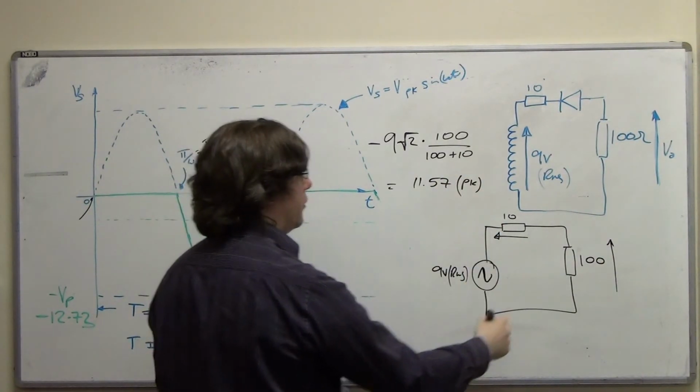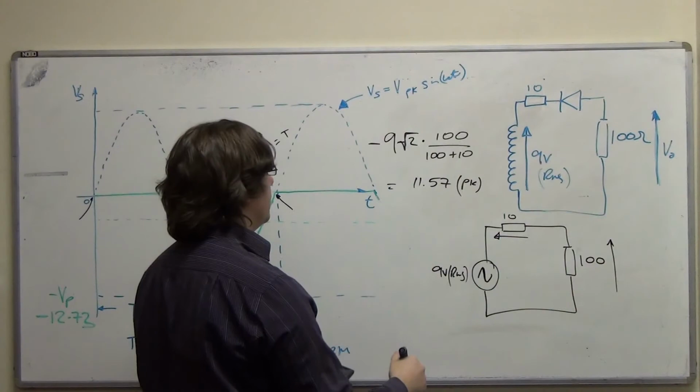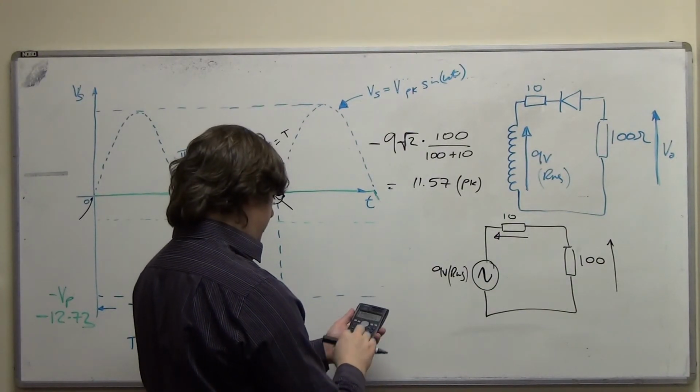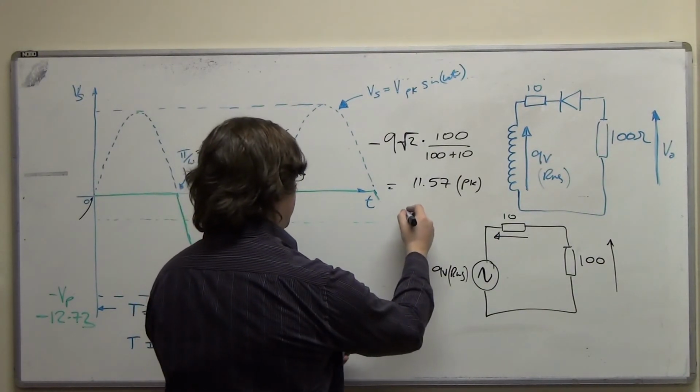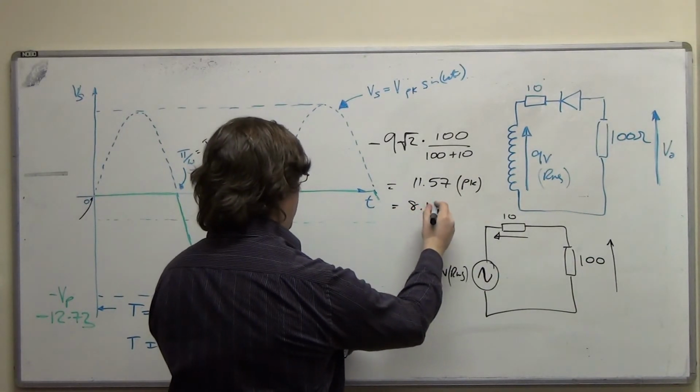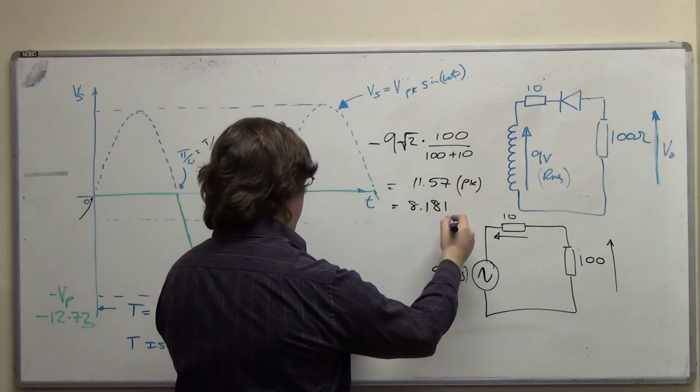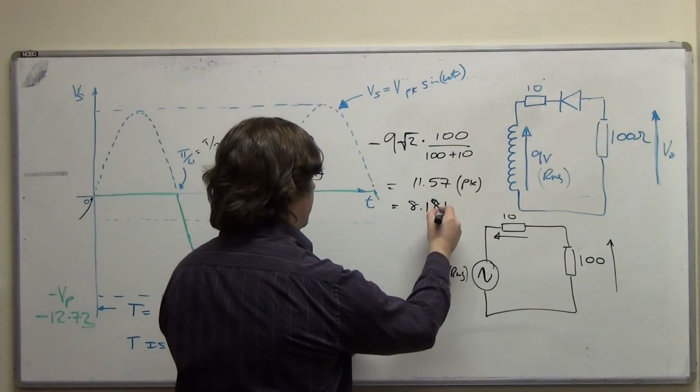And I would like RMS across here. So we'll divide by root 2, and we'll get 8.181, etc.